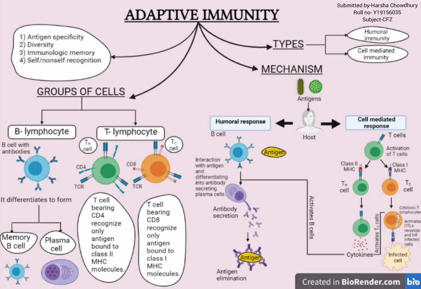What is the mechanism? In cell-mediated response, after the T helper cell recognizes and interacts with an antigen MHC class II molecule complex, the cell is activated. It becomes an effector cell that secretes various growth factors collectively known as cytokines. These cytokines play an important role in activating B cells, TC cells, macrophages, and various other cells that participate in the immune response.